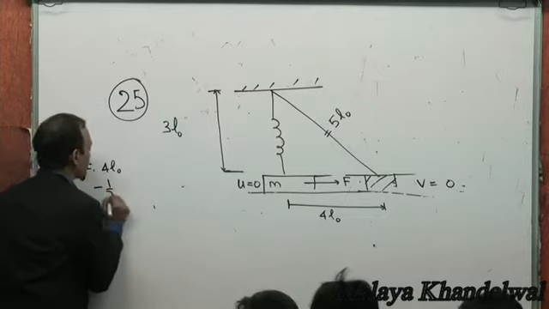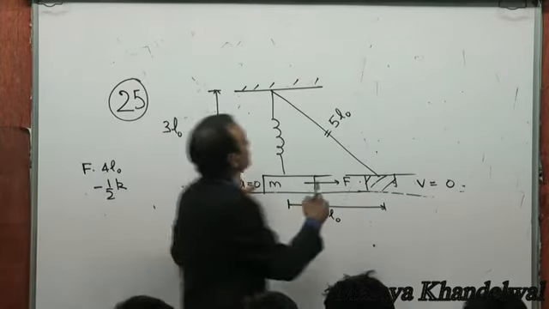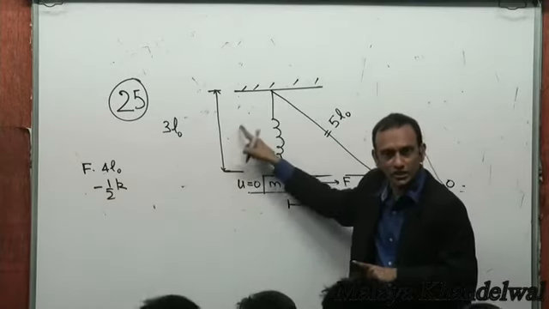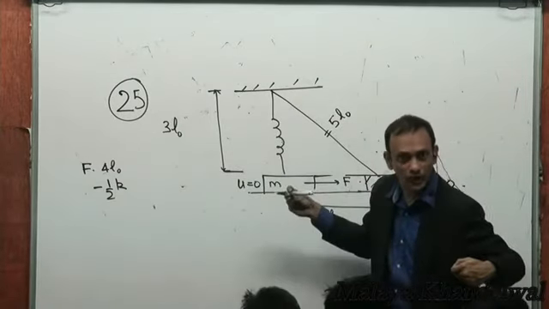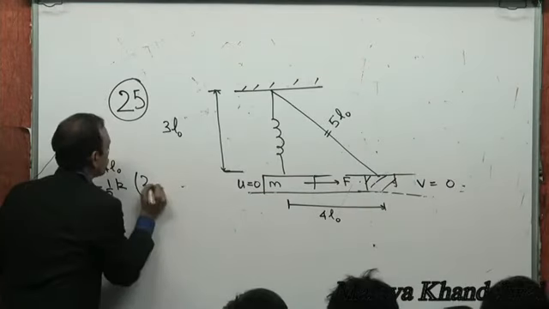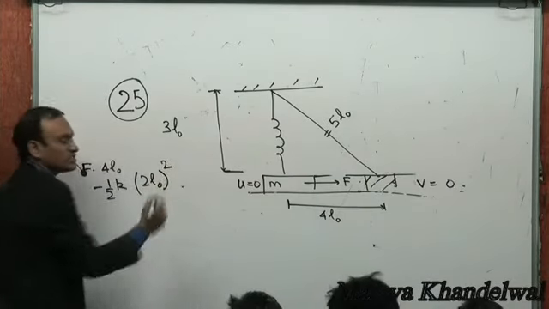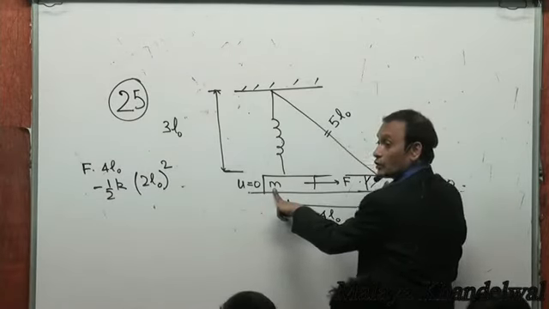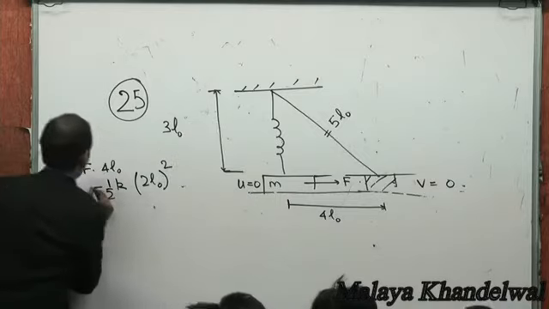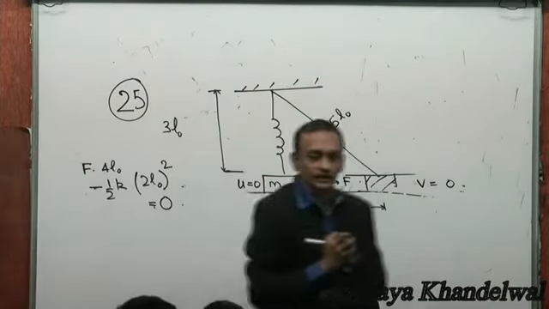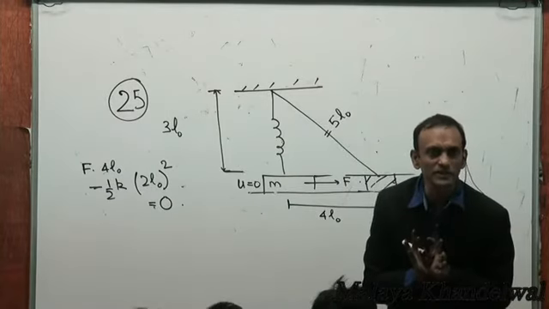So minus half K into the change in length, which is 2L0. So elongation is 2L0. So half K into 2L0 squared is the work done by the spring force, and that must be the change in kinetic energy, which must be 0.